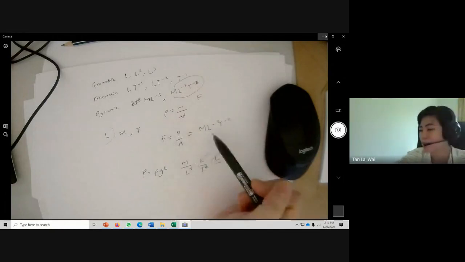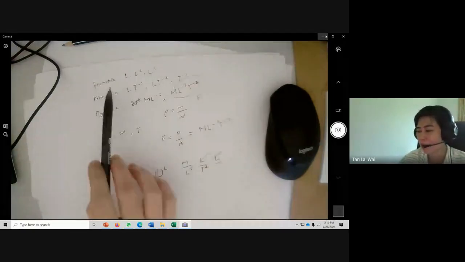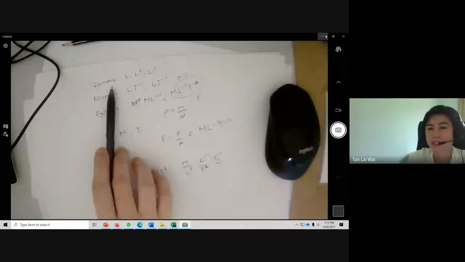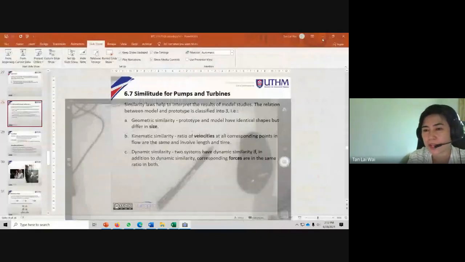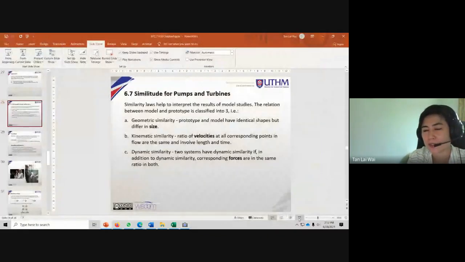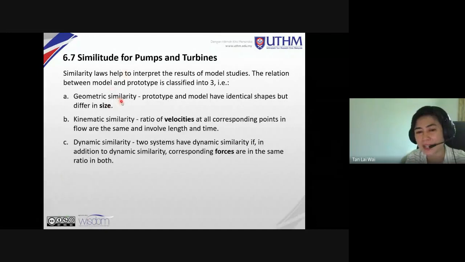Alright, you have learned all this in your fluid mechanics in your year 1. So this is explaining that if we are studying similitude, we have geometric similarity, kinematic similarity, and dynamic similarity.